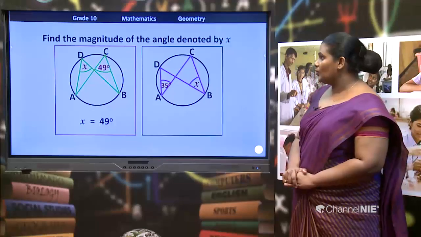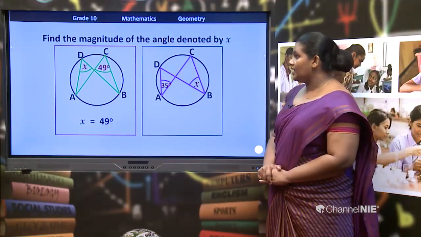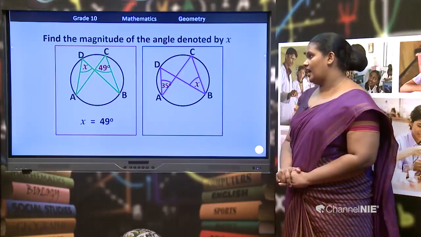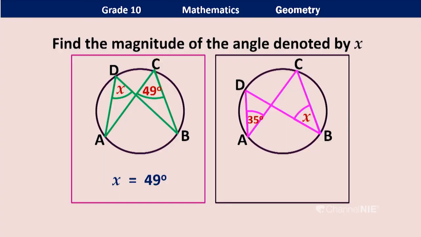Then also we can observe angle DAC and angle DBC are on the same segment. Therefore, according to the theorem we have learned, we know that the magnitude of both angles should be the same. It should be equal. We can get the magnitude of X as 35 degrees.